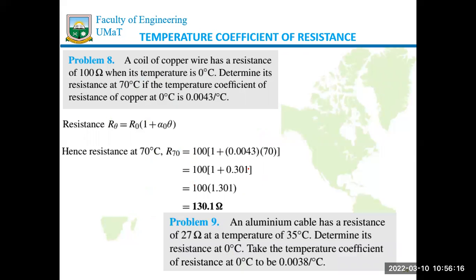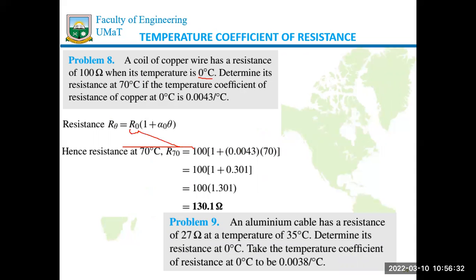All right. So there's a question for us. It says a coil of copper wire has a resistance of 100 ohms when its temperature is at 0 degrees Celsius. So that means R naught is 100 ohms.